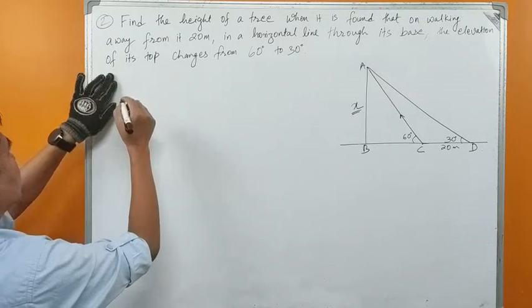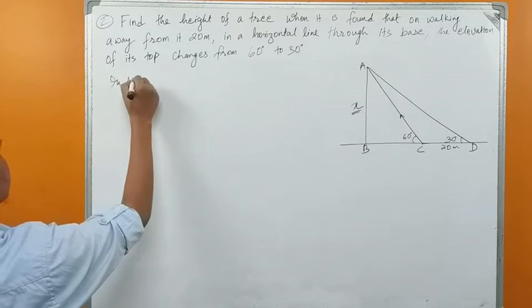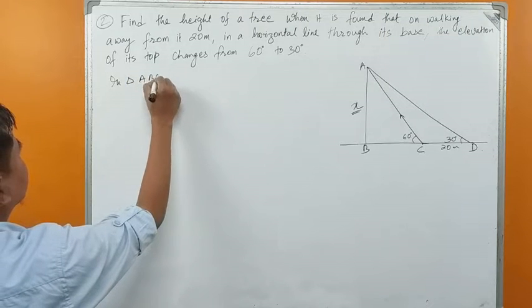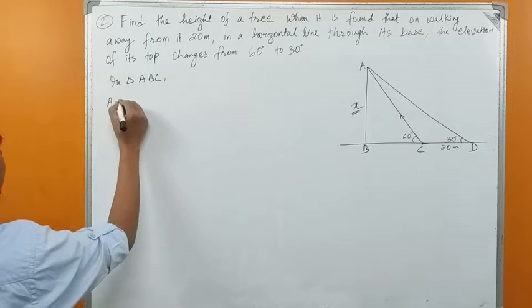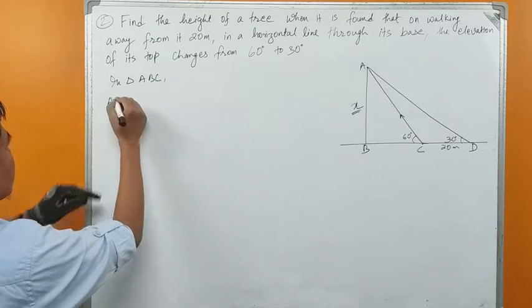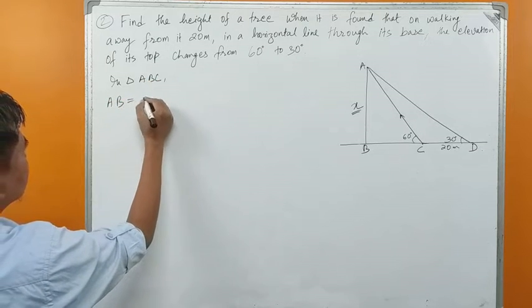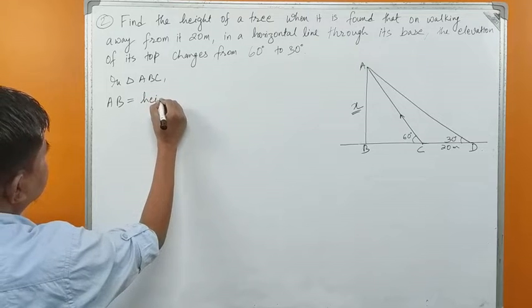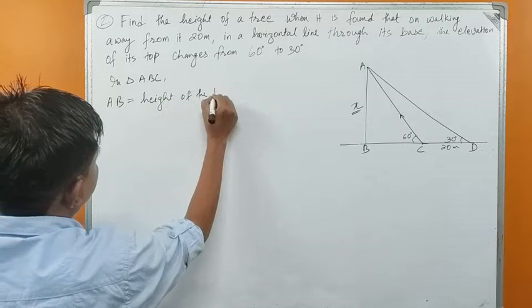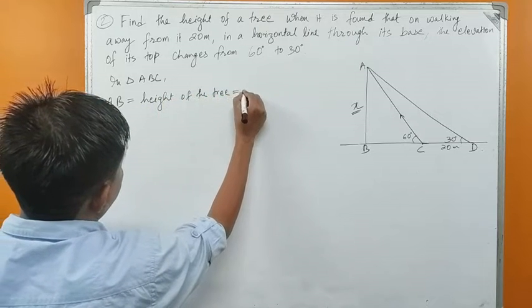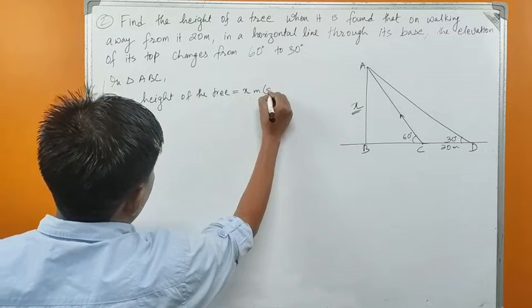In triangle ABC, AB is the height of the tree, x meters, say.